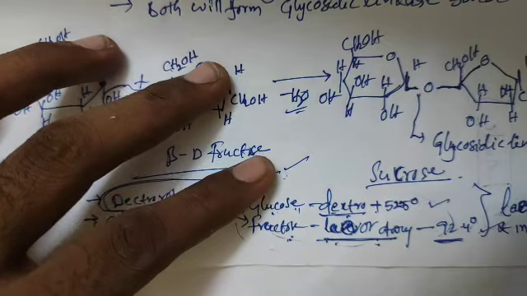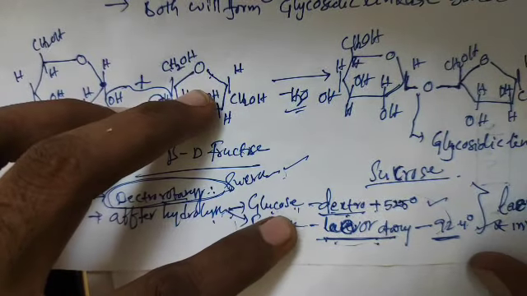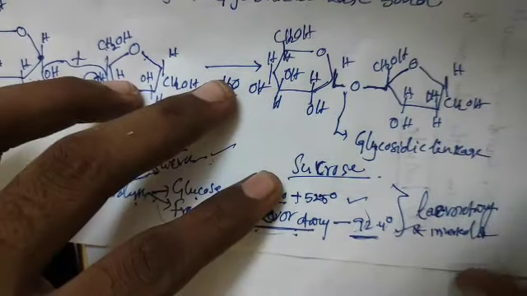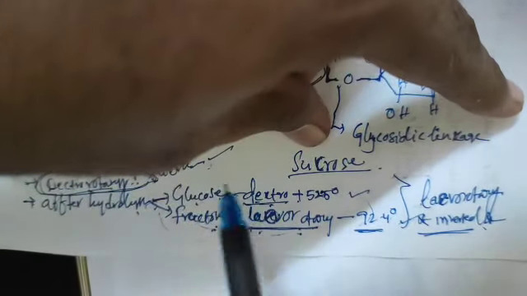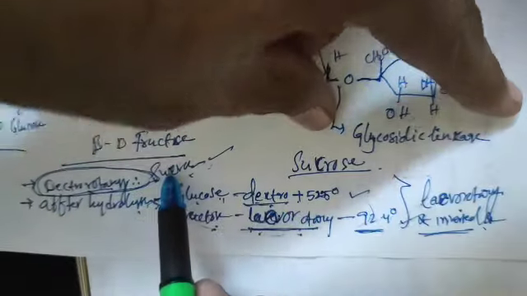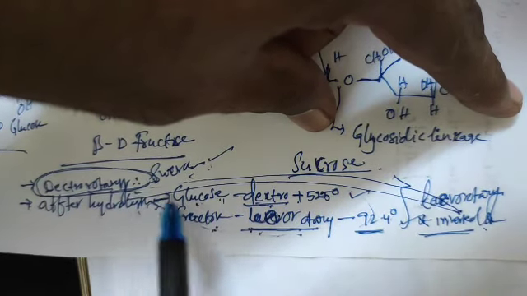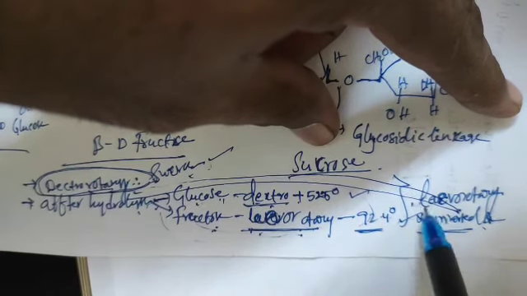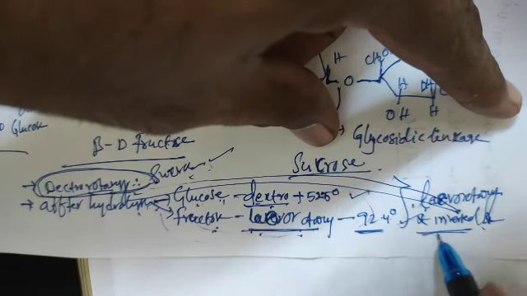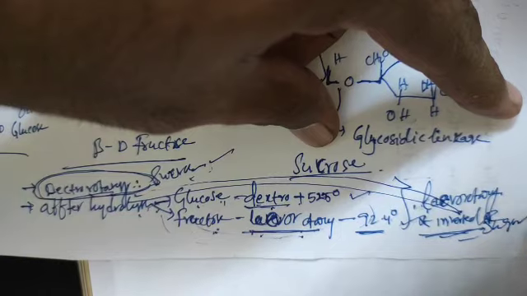Since 92.4 is more, the mixture of these two monomers is levorotatory. So dextro changes into levo, and levo changes into dextro. Because of that, we call this sugar inverted sugar.